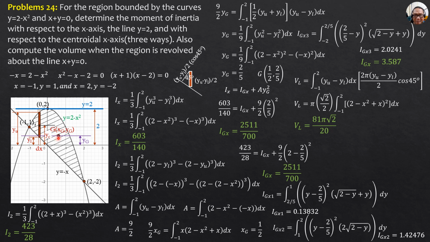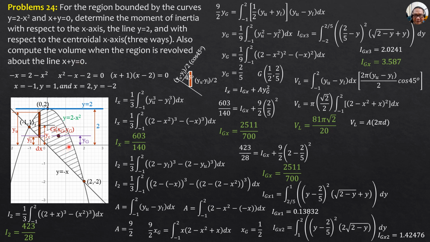If you can recall, the distance from a point to a line is absolute value of ax1, in this case axg, plus byg plus c, if there is a constant for that line, all over square root of a squared plus b squared. Since the equation of this line is x plus y equals 0, then a is 1, b is also 1, and there's no c.